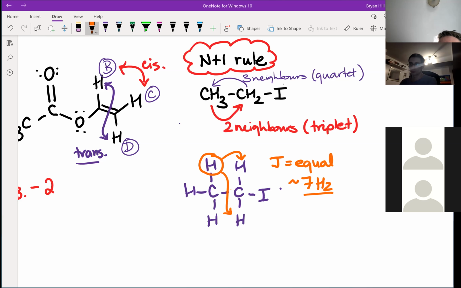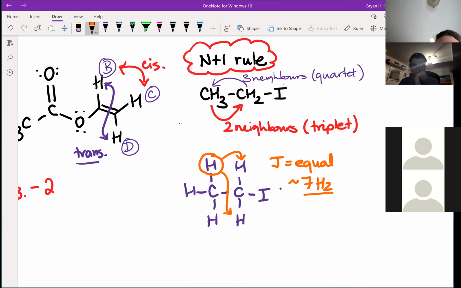The typical vicinal coupling is approximately 7 Hertz. So that's why it ends up being a triplet. Likewise, if we were one of the protons on the CH2 and we're looking at all 3 of the protons on the methyl group, the J value would be the same because there's free rotation around that bond.